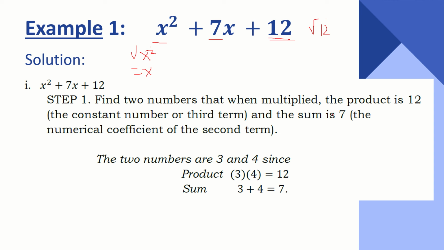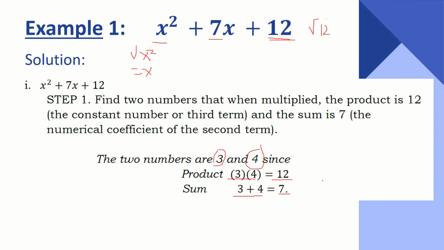In this given, we have 3 and 4. Let's try 3 and 4. The product of 3 and 4 is 12, and the sum is 7. Therefore, the two numbers are 3 and 4.